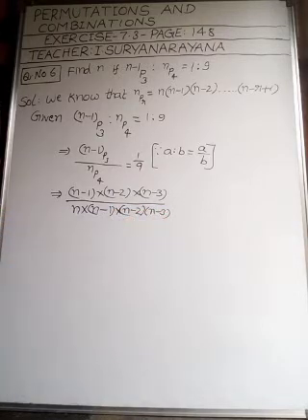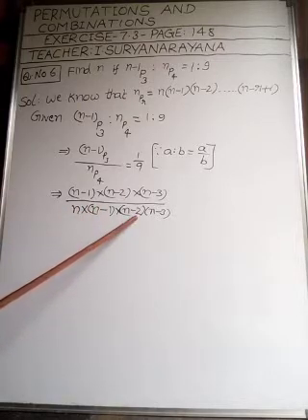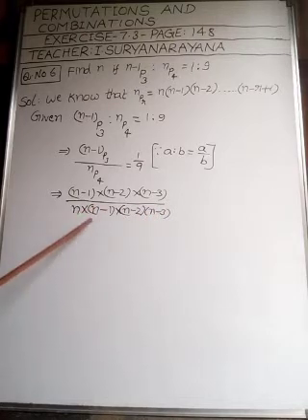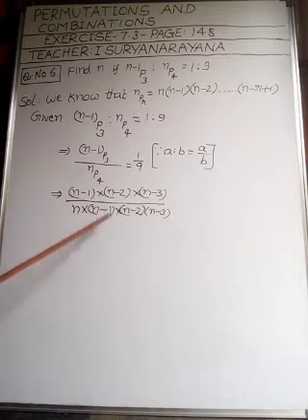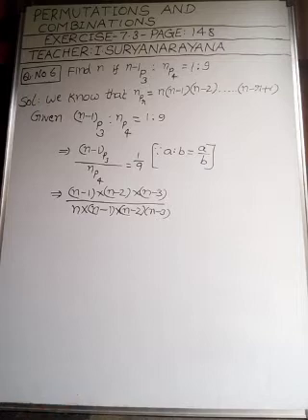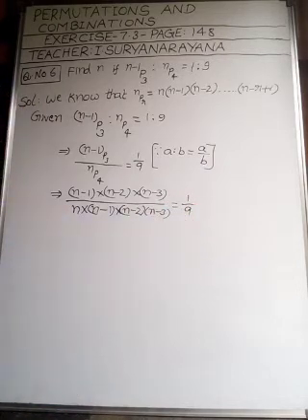Count the factors: n is the first factor, n minus 1 is the second, n minus 2 is the third, and n minus 3 is the fourth. 4 factors, 1, 2, 3, 4. In the numerator, we wrote 3 factors. By using this definition, we wrote it here, that is equal to 1 by 9. Understood this step, my children?